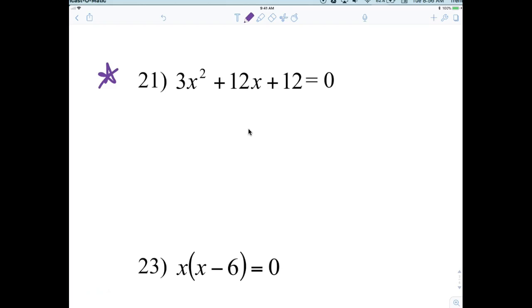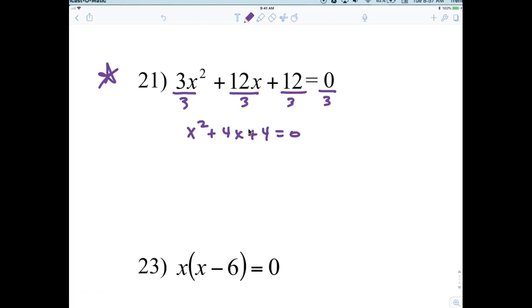All right, so what I want to show you is if ever you have just a constant, you divide out that constant. Notice I'm not dividing by x, I'm dividing by 3. Now, why is that a legal move? Because 0 divided by 3 is still 0. So when I divide by 3, I end up with x squared plus 4x plus 4 equals 0.